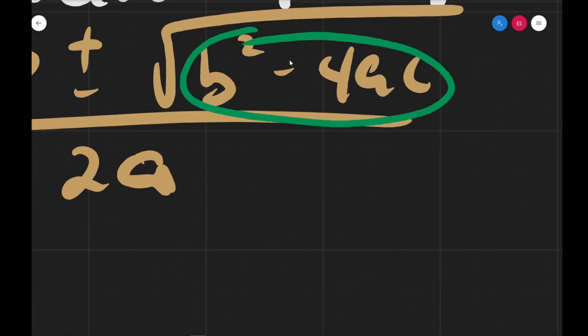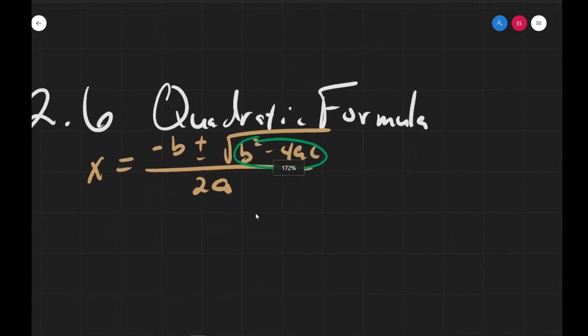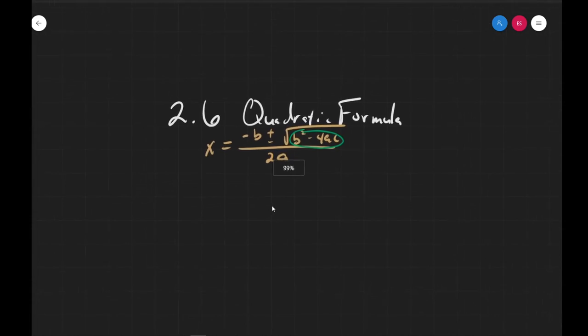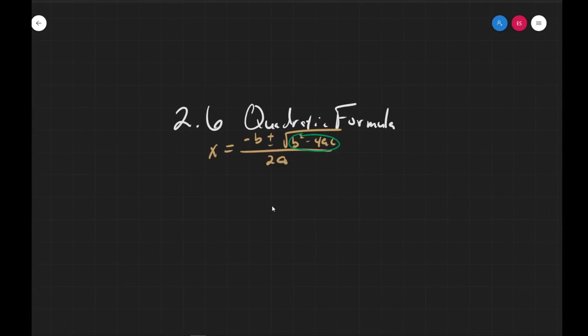That's super convenient for us, because that allows us to take a look at some really interesting things about a given quadratic we might be looking at. So let's say we're looking at x squared minus 8x plus 10. All right, this part underneath the radical, the part underneath the square root, is called the discriminant.